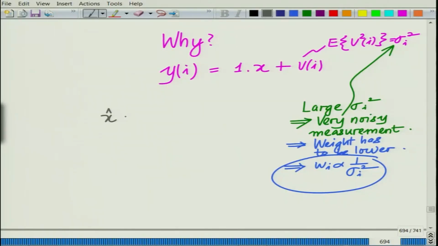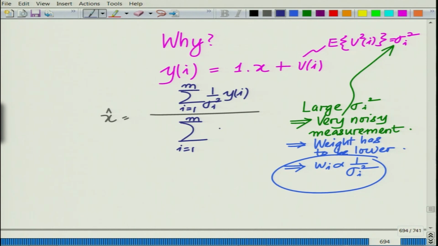Now, if you look at this estimation, you have a very interesting interpretation for it, that is summation i equal to 1 to m, 1 over sigma i square yi, divided by summation i equal to 1 to m, 1 over sigma i square.